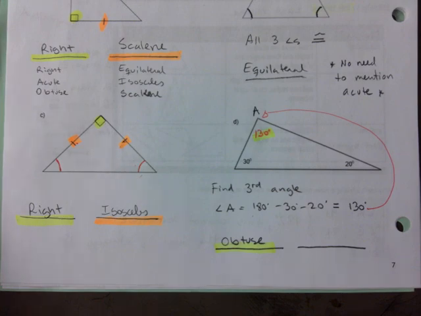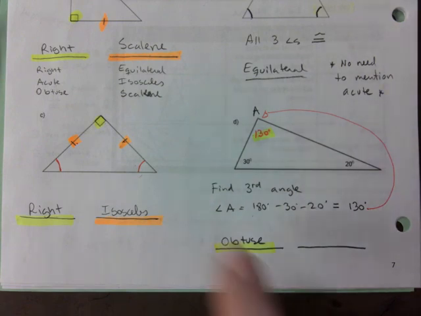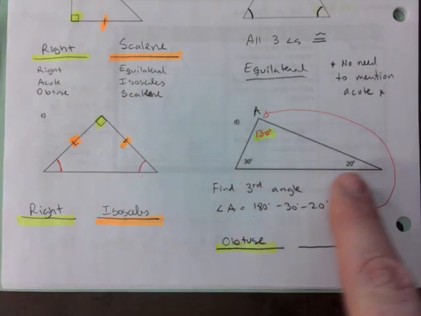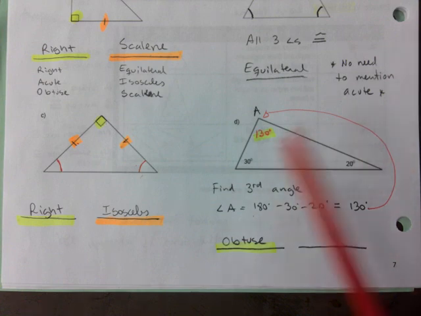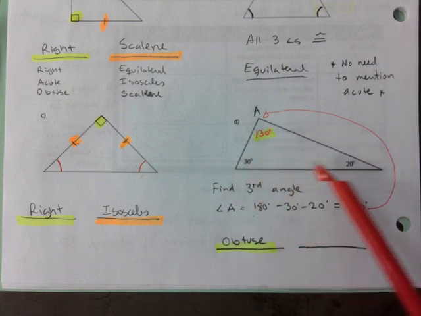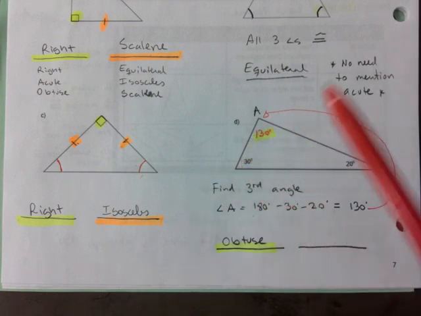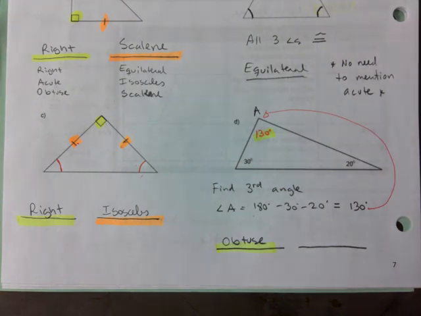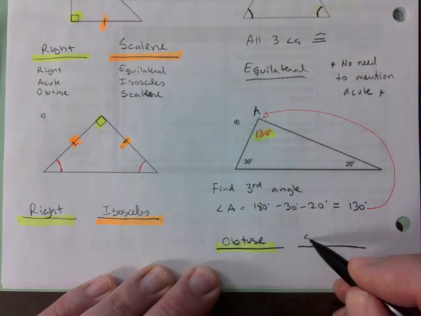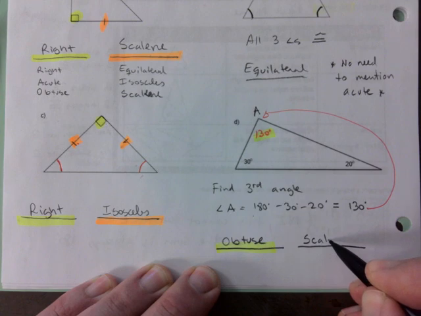No. Why not? Well, they have to be 60. All of them have to be 60 for that to be true. What about isosceles? You don't even have two angles that are the same. They're all different. All 3 angles are different. Therefore, it's a scalene. Scalene.